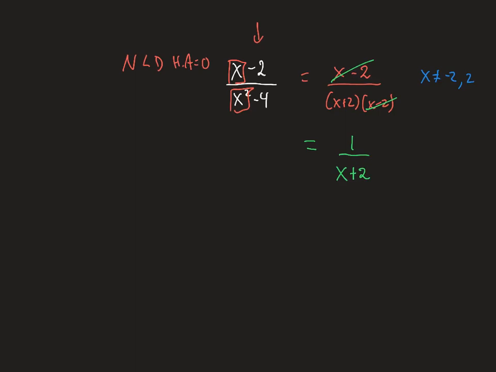Well, a hole is made from a restriction that cancels out. And as you could see, x minus 2 was one of my restrictions, which gave me the x cannot be 2.